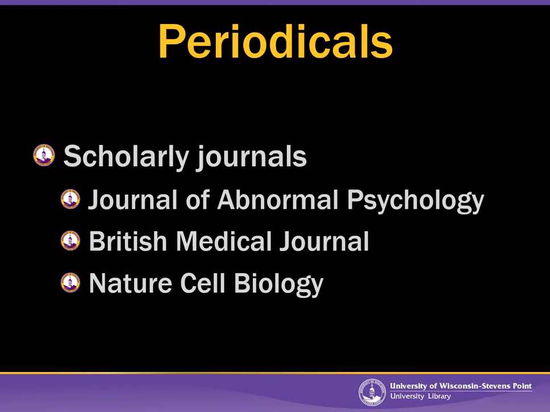So the authors use a lot of technical language, a lot of jargon. In fact, usually you need a PhD to understand a scholarly article. That is the intended audience. And also scholarly journals have unfamiliar titles like these ones. So you're not going to see scholarly journals, say, in the magazine rack at Walgreens.